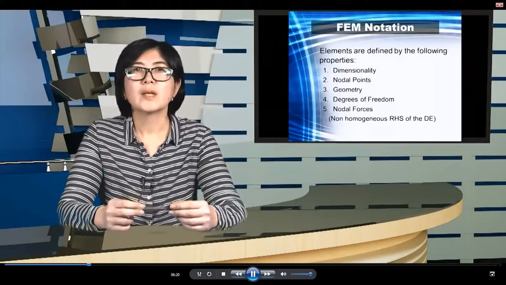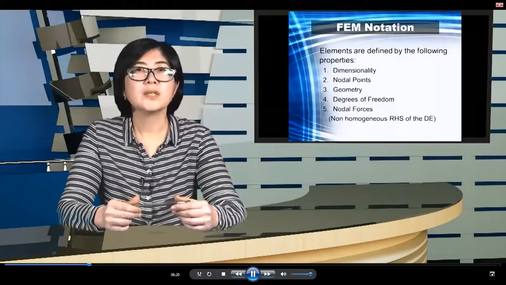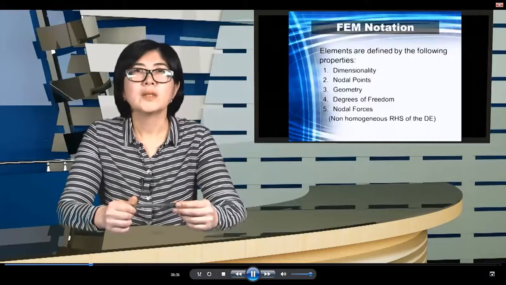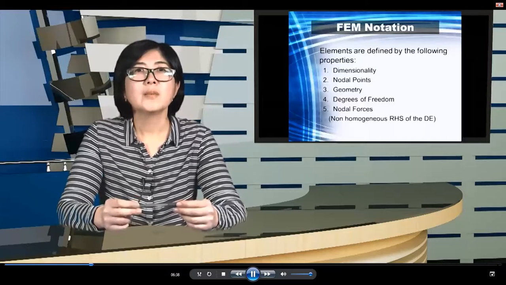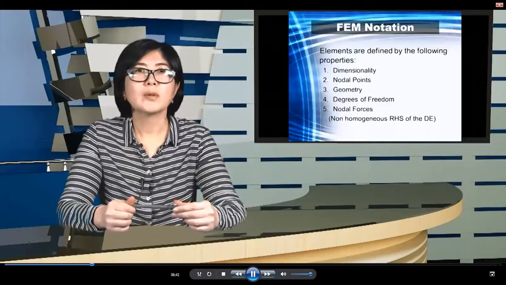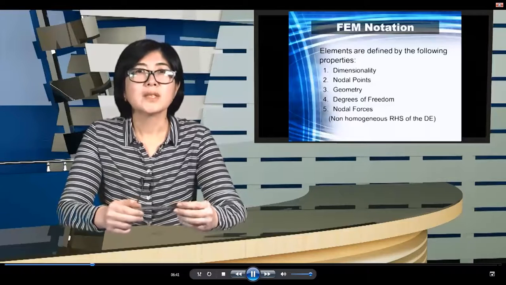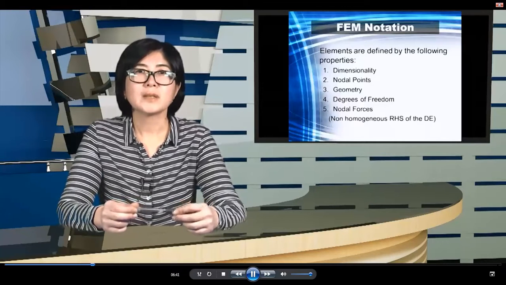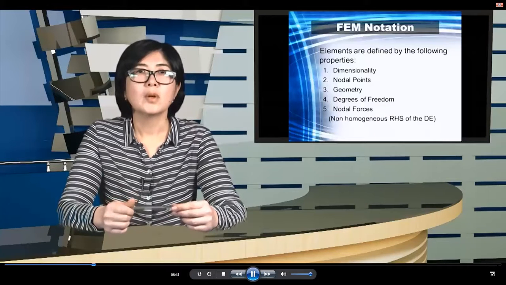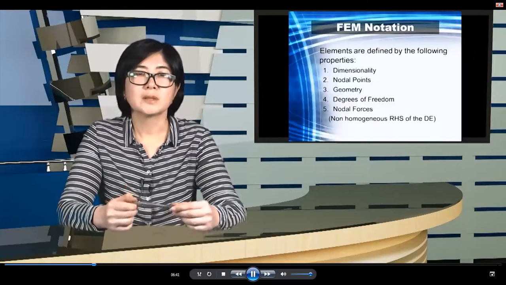Let us now have a look at the key definitions of the finite element method notation. First, dimensionality. The elements can be defined differently depending on the problem context. Dimensionality indeed expresses whether the element has 1, 2, or 3 space dimensions.